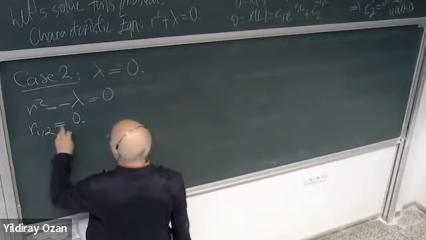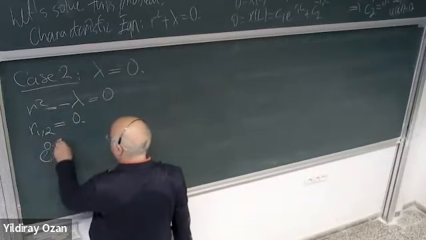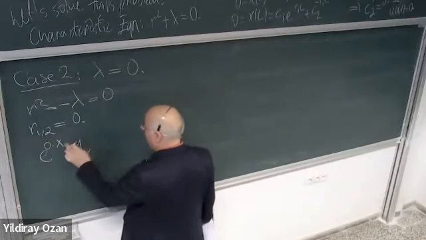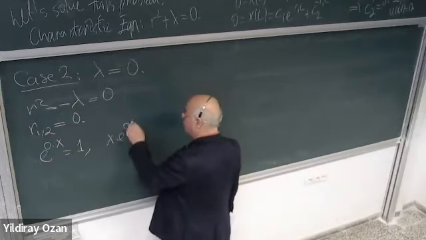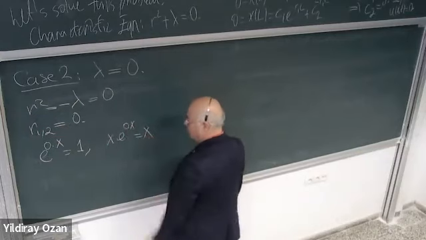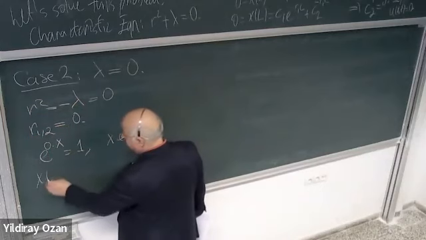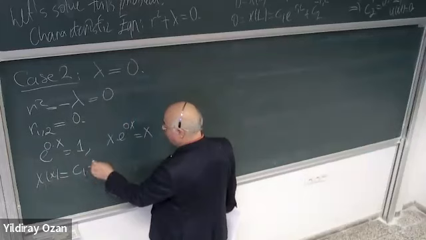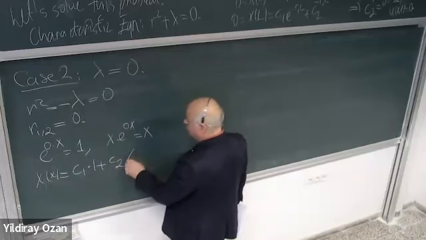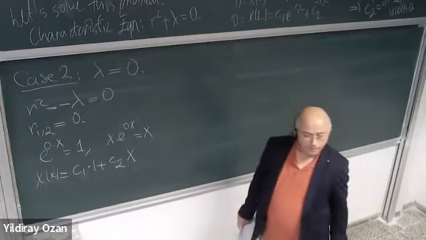So what are the solutions? E to the power 0x, which is 1. And since it's a double root, x times e to the power 0x, which is just x. Therefore, X of x is just C1 times the first solution, which is 1, plus C2 times the second solution.